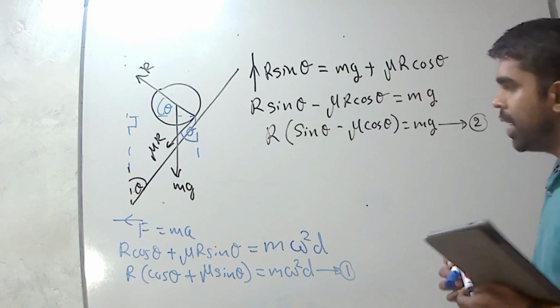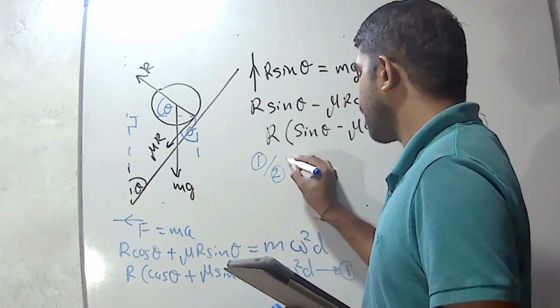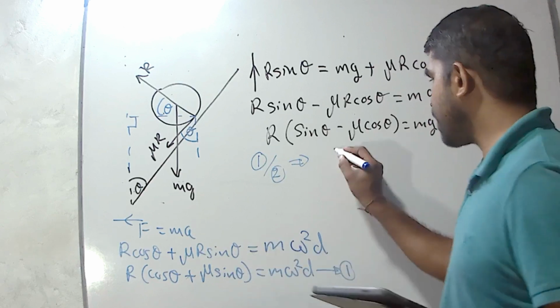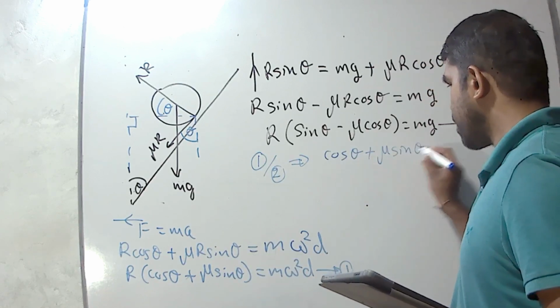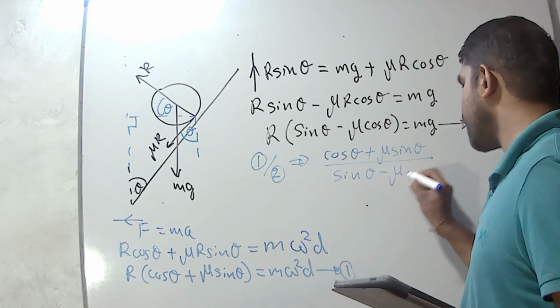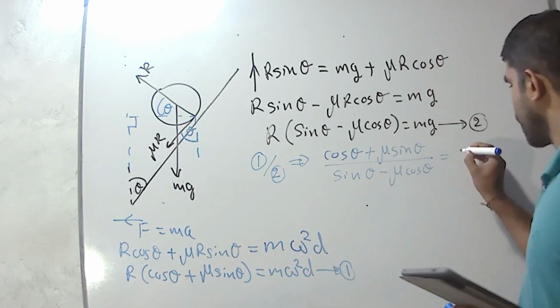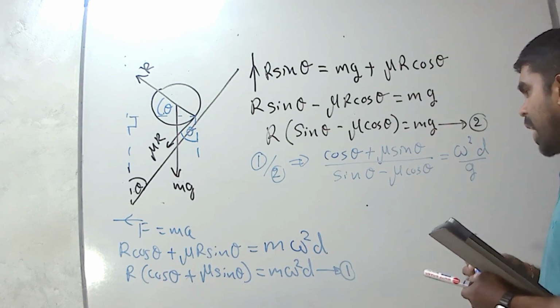Now we can divide the first equation by the second one. R is cancelling. Cos theta plus mu sin theta divided by sin theta minus mu cos theta. m is cancelling. Omega squared d divided by g. Then we can make omega the subject.